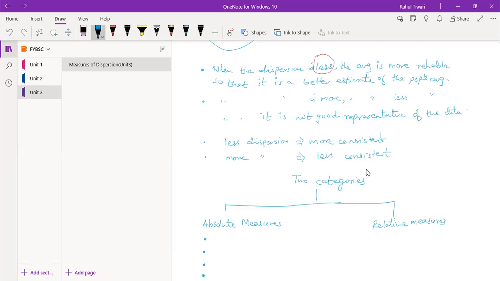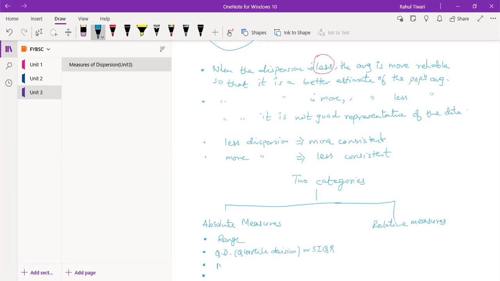We have range, QD, which is called quartile deviation, sometimes also known as SIQR, semi-interquartile range.